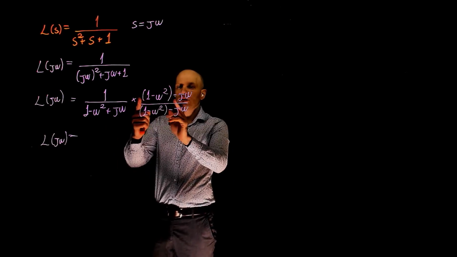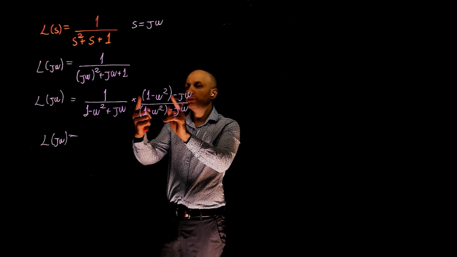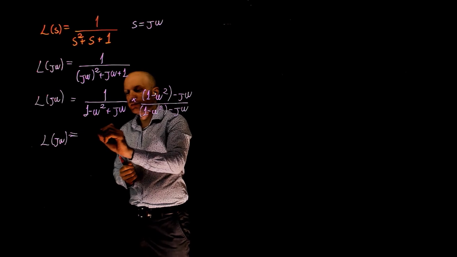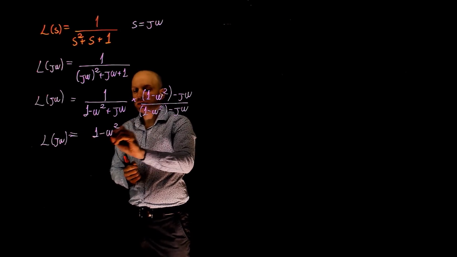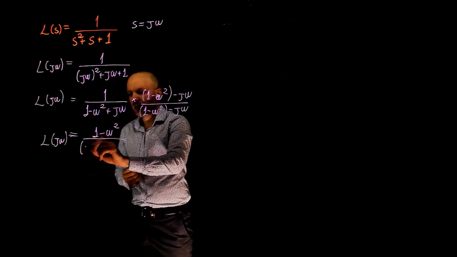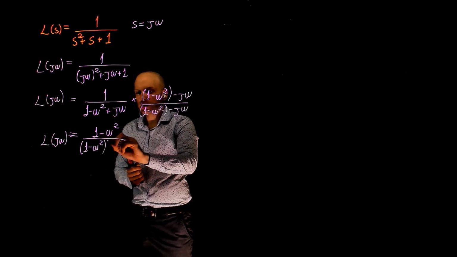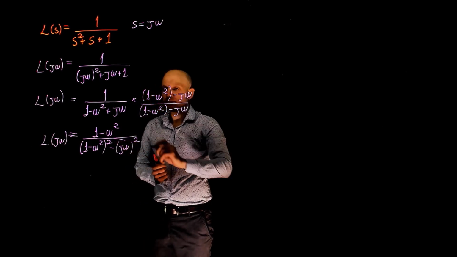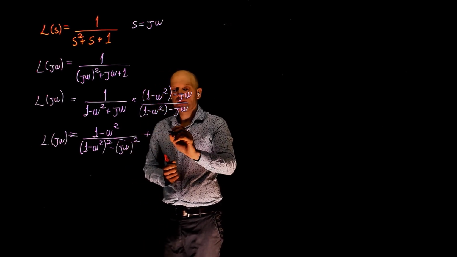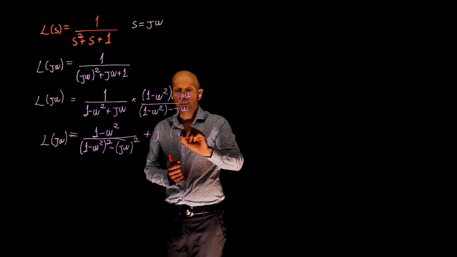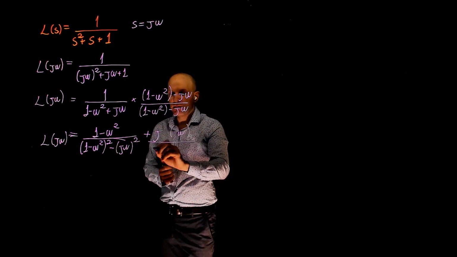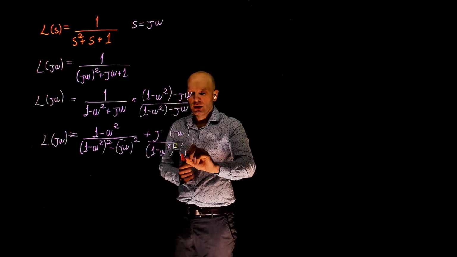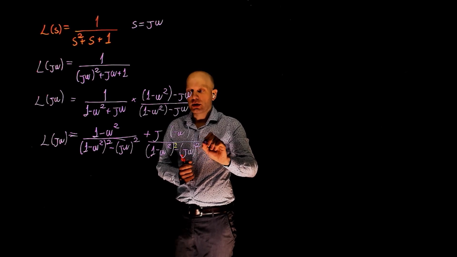Now we can expand this and create two functions, one with the real part of the numerator, the other with the imaginary part. This is 1 minus omega squared divided by (1 minus omega squared) squared minus (j omega) squared, plus j times -omega divided by the same (1 minus omega squared) squared minus (j omega) squared.